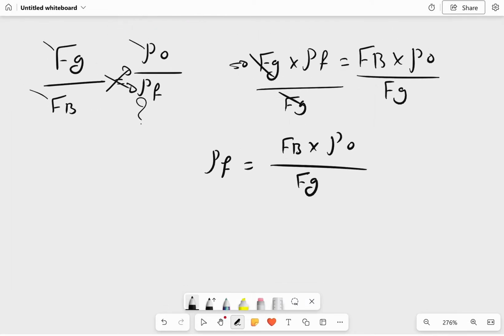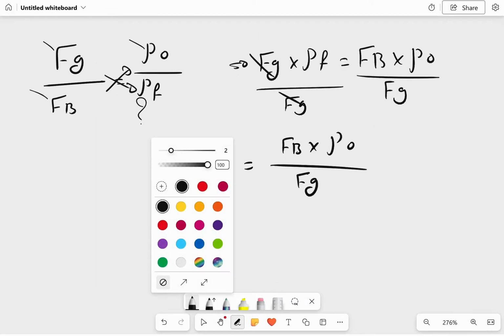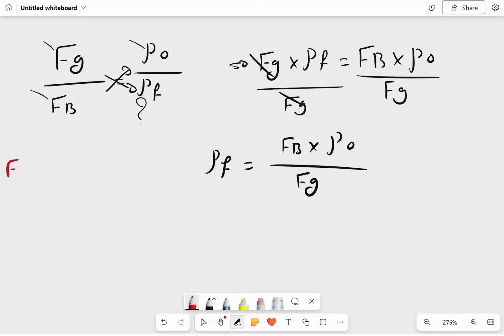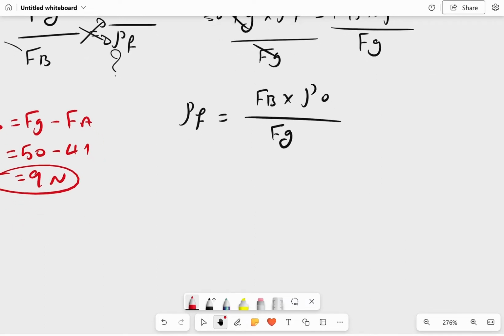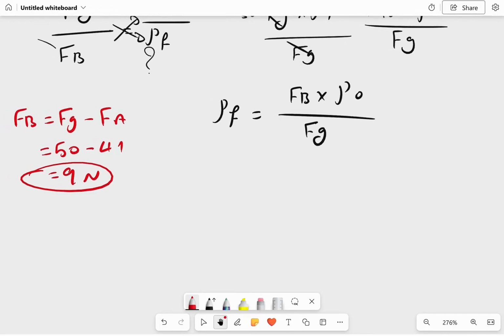Now let's find Fb for this one, guys. Fb is equal to Fg minus F apparent. We have 50 minus 41, which gives 9 Newton. That is Fb.